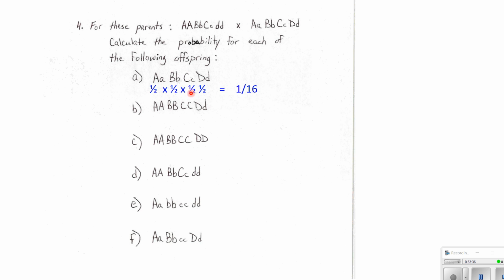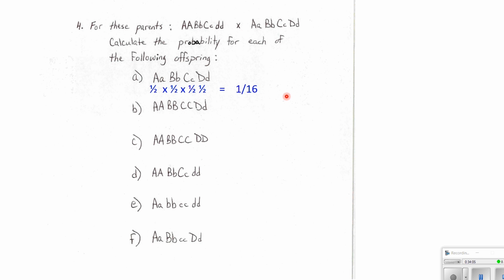Same for big C, little c. And then this is also a half because I'm definitely going to get a little d from this parent, and half of the time I'm going to get a big D from this parent. So that's 1 times 1/2, which gives me 1/2. These are all 1/2. So 2 times 2 is 4, times 2 is 8, times 2 is 16.